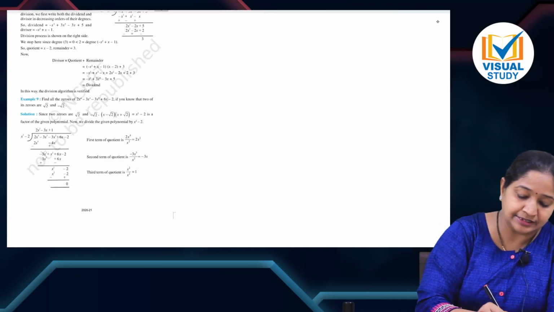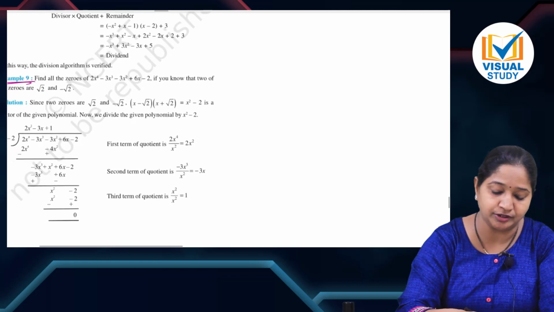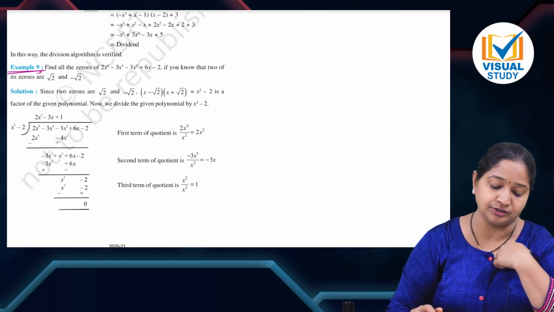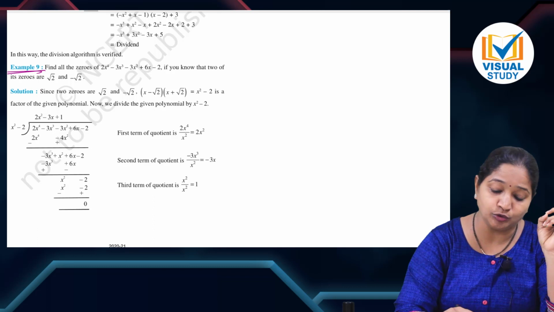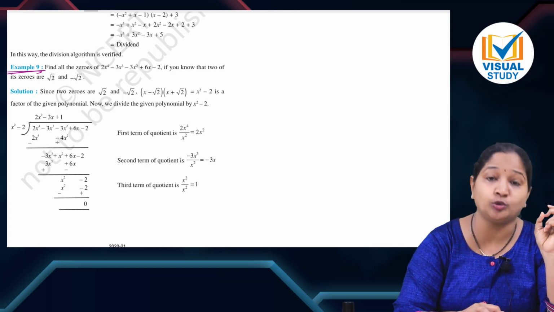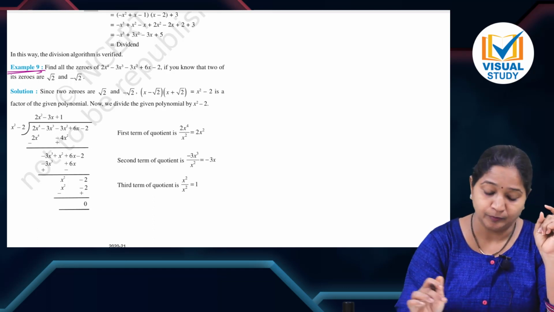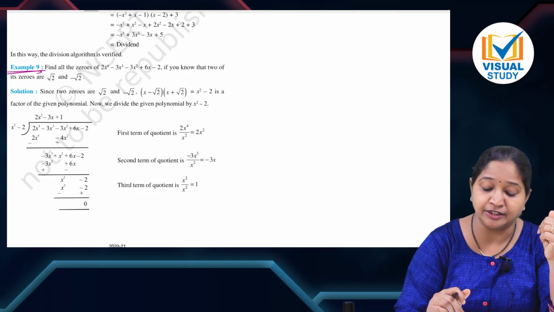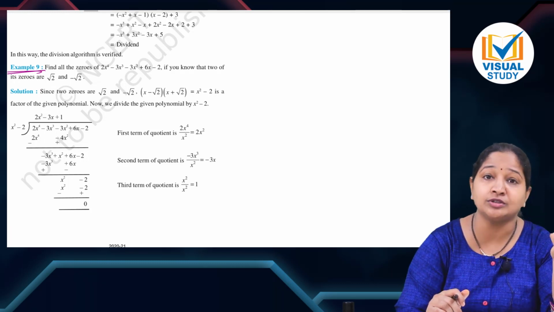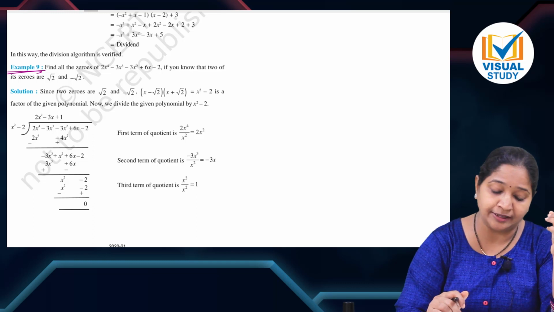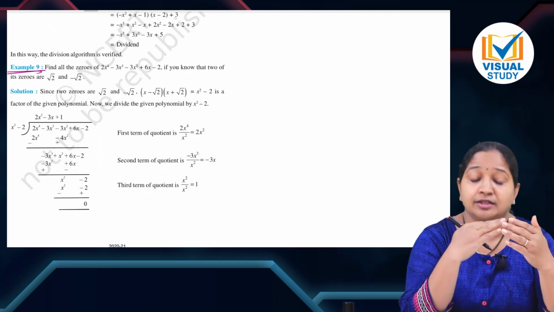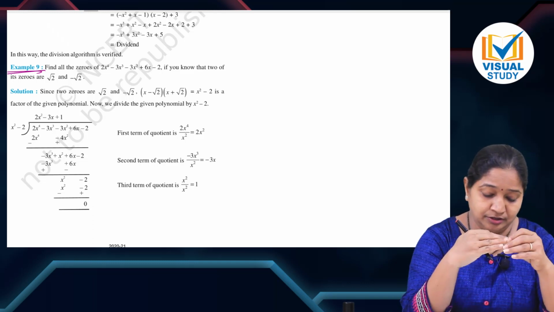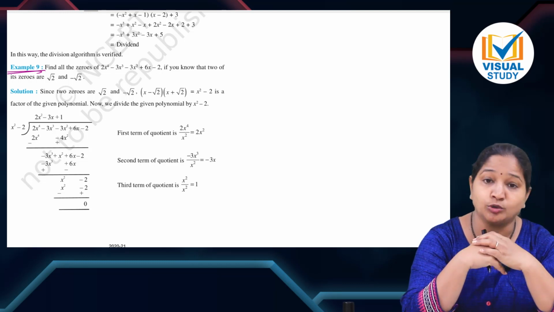Now the example 9, which is very important, find all the zeros if you know that two of its zeros are root 2 and minus root 2. Two zeros they have given us, root 2 and minus root 2.